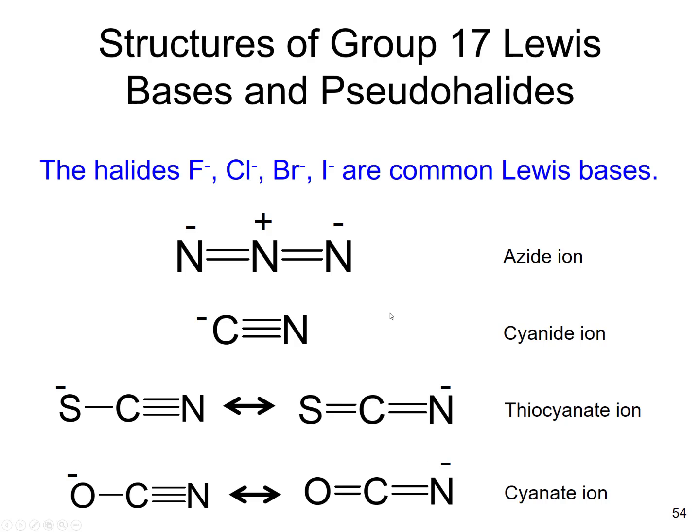And all these species can coordinate and bind to metal ions. The thiocyanate and the cyanate anions are special because the negative charge can either reside on the sulfur or the nitrogen. And so these species can either bind to the sulfur or they can bind via the nitrogen atom. So two different products can be obtained in a Lewis acid-base reaction.